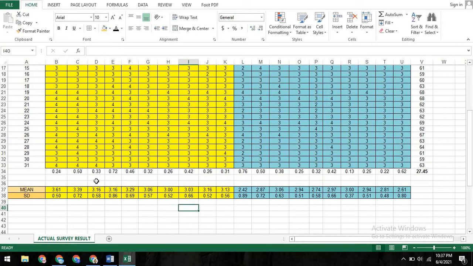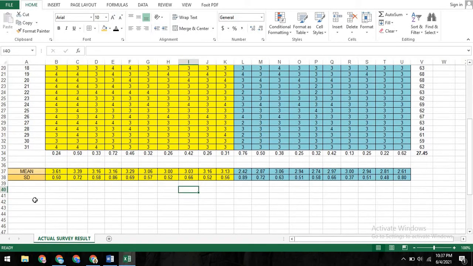Now, once you are done with the per question, we are going to find the average mean and the average standard deviation.